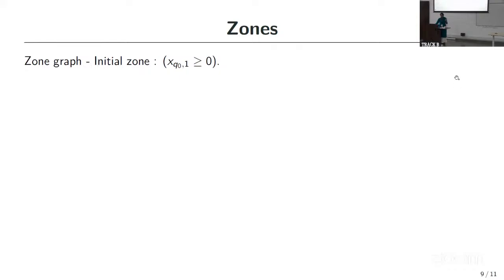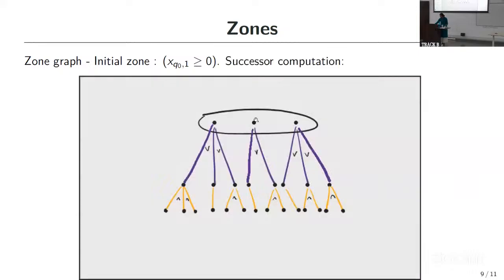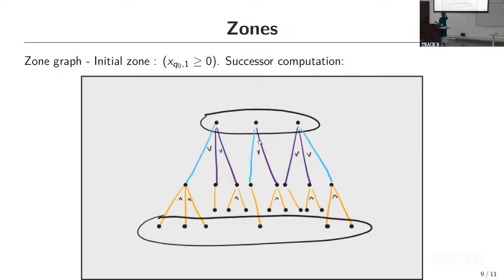So how the zone graphs look, a rough idea. This is the initial zone, a time-elapsed zone. And then the successor computation. At each state, we have a formula for the next transition to take, which can be thought of as an OR of ANDs. So for each of these outward transitions, we pick one of the ORs and then deal with each of the ANDs and incorporate what these are trying to do in the next zone.